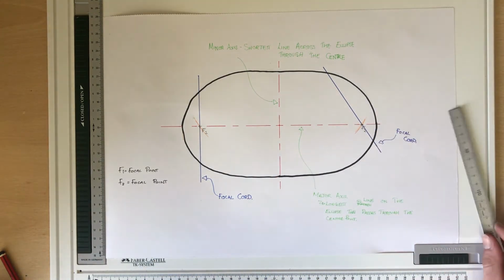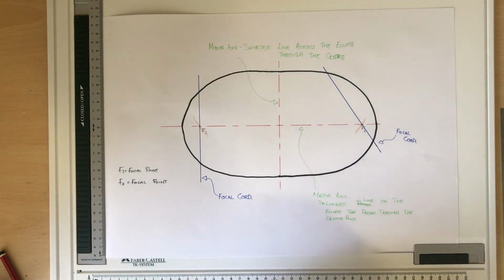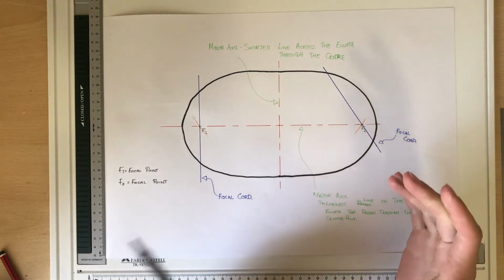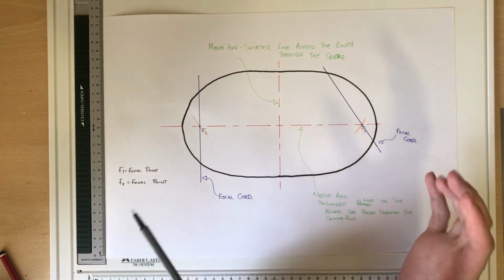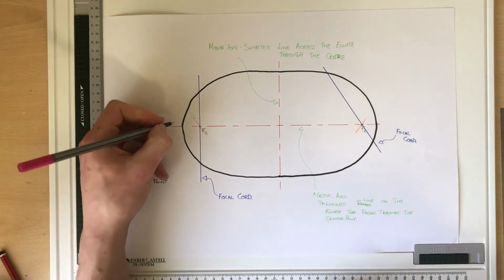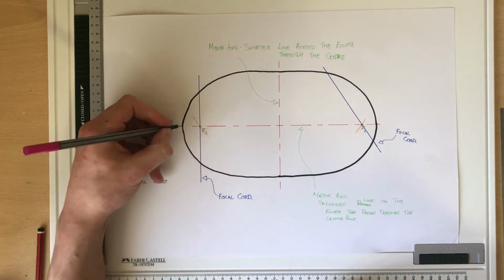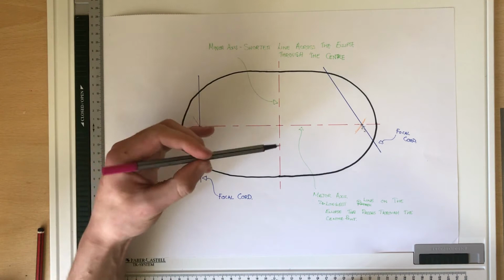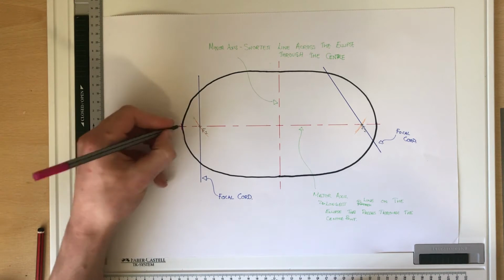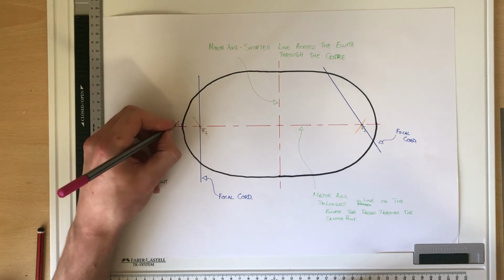So from the focal chord, we're going to move on to the vertex. So if we look at this, there are 4 points that the axes cut on the ellipse, but the vertices are where the major axis cuts the ellipse.